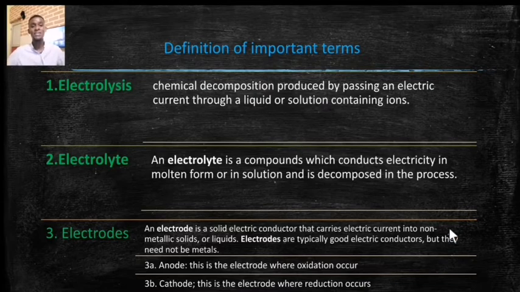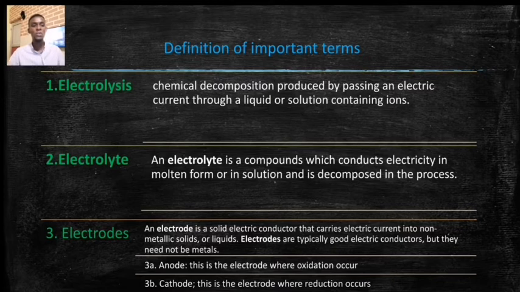As simple and basic as it is, the electrode could be a solid, although you can have it as a liquid also, such as mercury. They are usually metals. The electrode is a solid electric conductor that carries electric current into non-metallic solids or liquids.